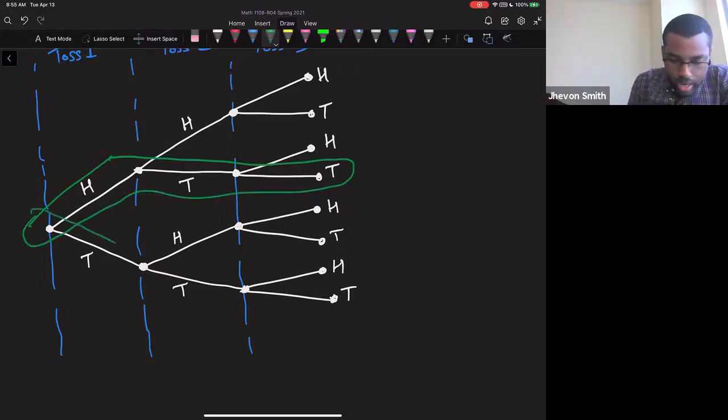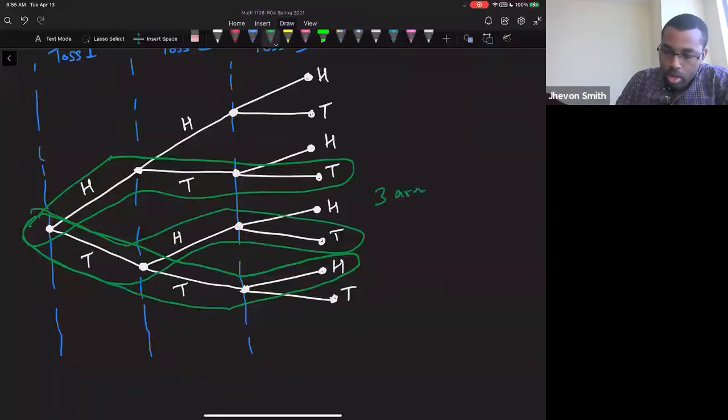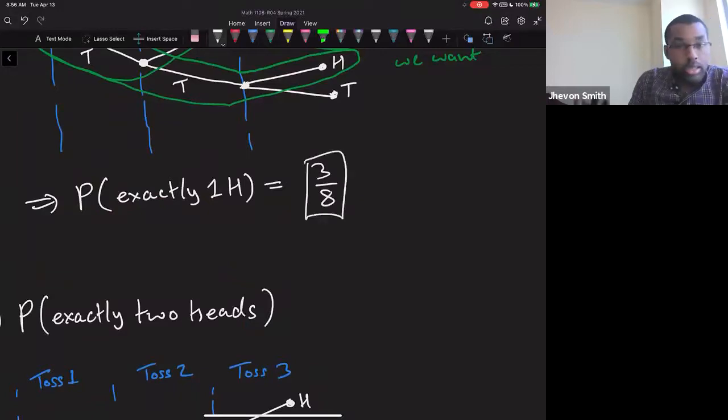Or I could get the head second, then choose a tail after. Then I could avoid the heads on the first 2 tosses but get it on the last one. So 3 arms have what we want. This means the probability of exactly 1 equals 3 out of 8. Same answer.